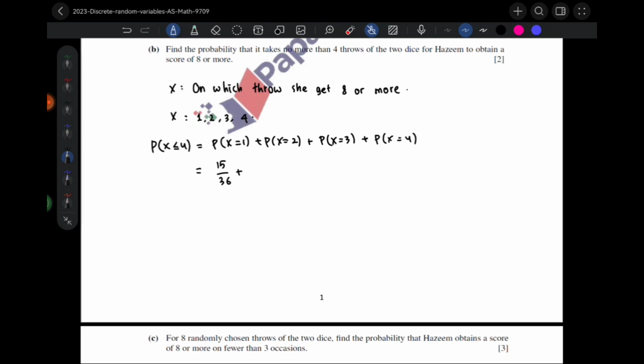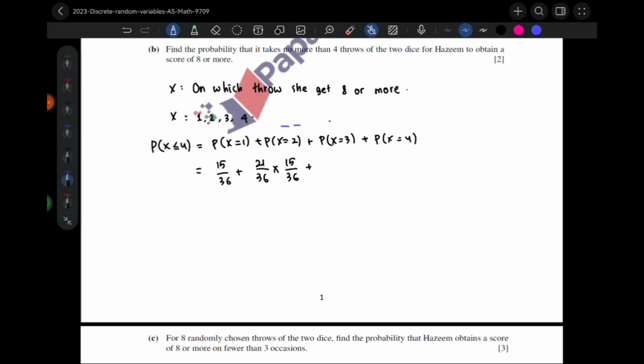Then probability X equals 2 means the first throw she gets 7 or less and the second throw she gets 8 or more, so it is 21 out of 36 times 15 over 36.